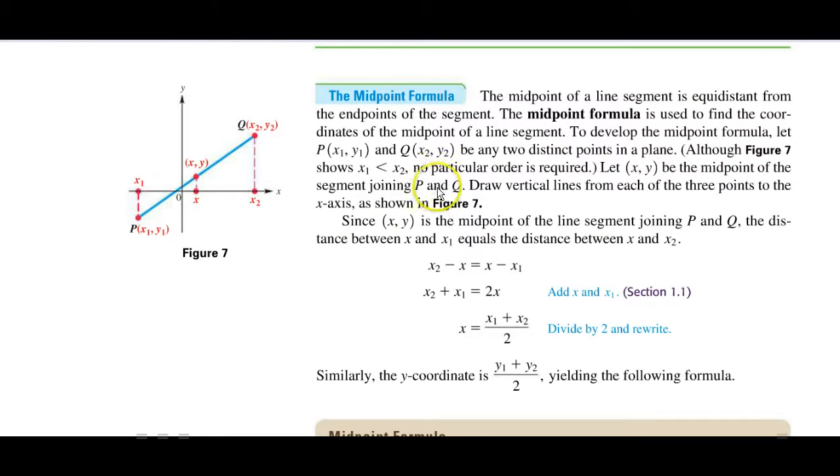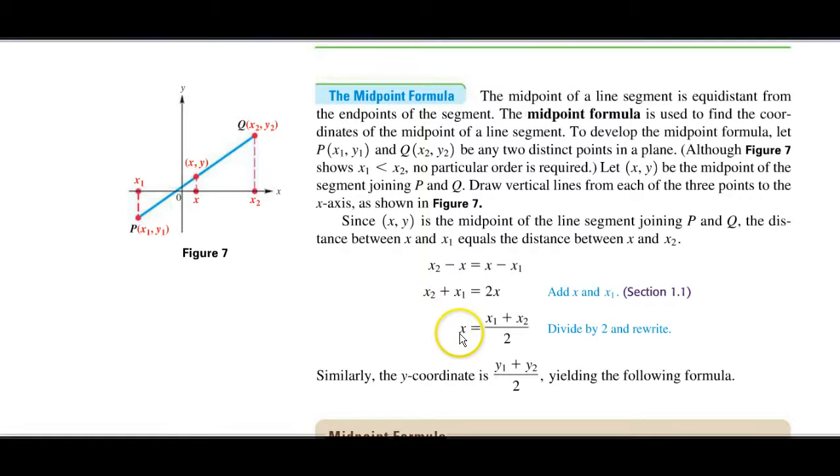Now, another skill they work on here is called the midpoint formula. So, here's a line from there to there, and you want to find the midpoint, that is, halfway up. Well, this is sort of an easy formula.